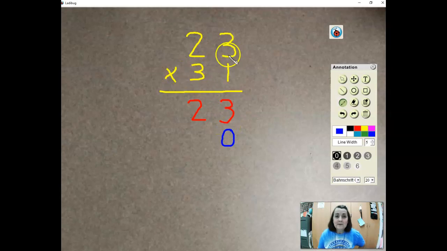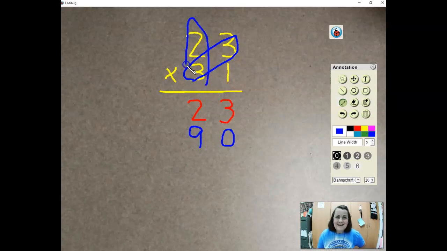Now we're multiplying 3 times 3, and that is 9. Now we're going to multiply the 3 times 2, and that is 6.